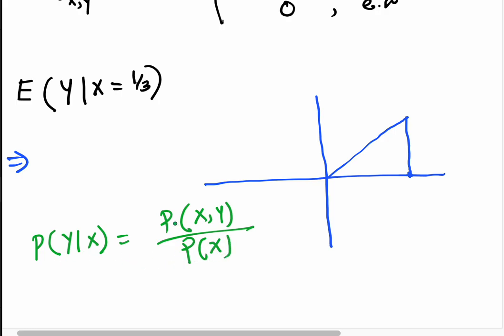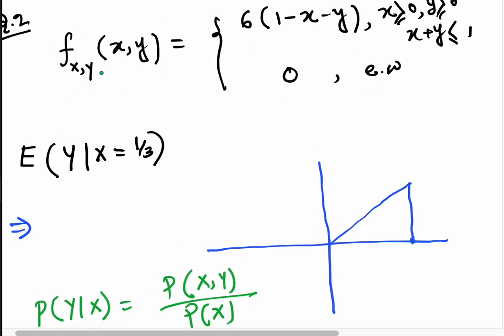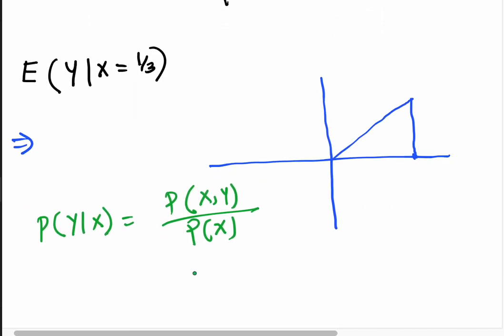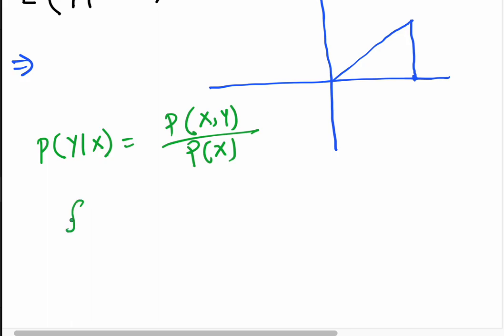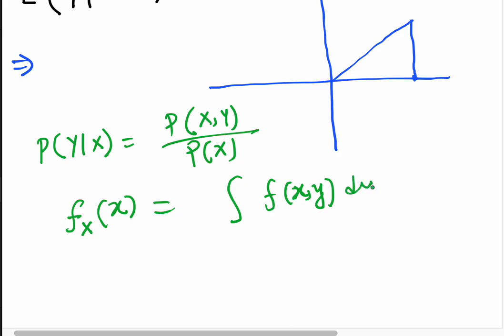That means we already know the joint distribution, we have to know the marginal probability at x. So let us calculate the marginal density function at x, that is the integration of f(x,y) dy.